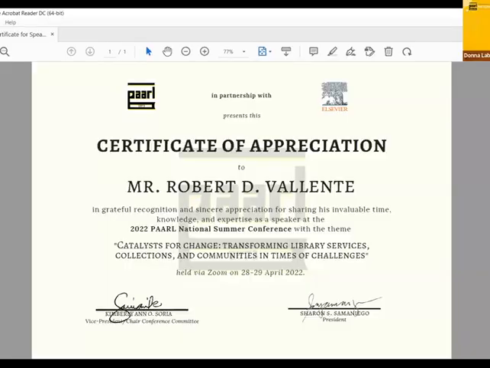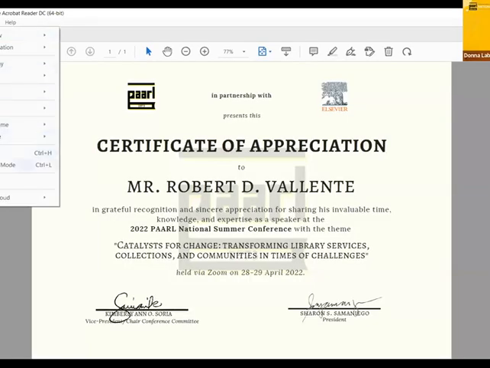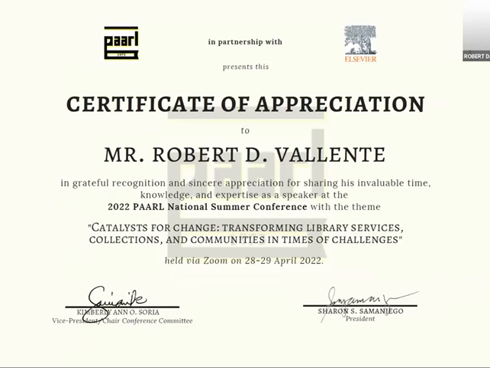So, we'd like to present this certificate of appreciation to Mr. Robert D. Vallente, in grateful recognition and sincere appreciation for sharing your invaluable time, knowledge, and expertise as one of our resource speakers at the 2022 PAARL National Summer Conference with the theme Catalyst for Change, Transforming Library Services, Collections, and Communities in Times of Challenges, held via Zoom April 28 to 29 of 2022.